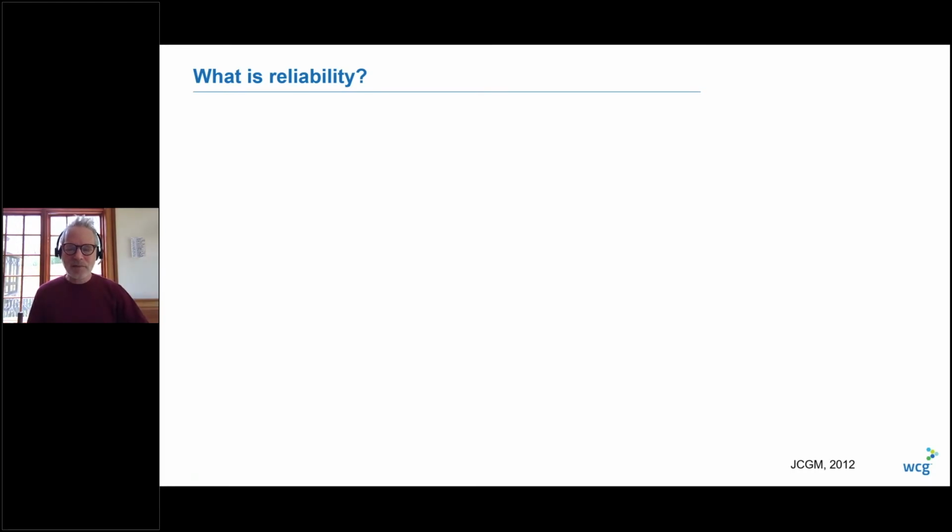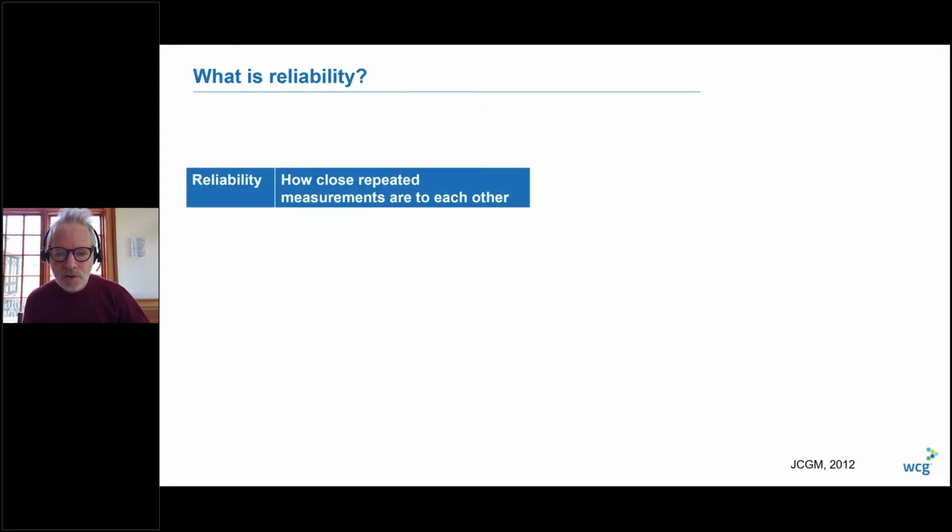Well, if that's the case, it might be a good idea to have some sense of what reliability actually means and how reliability can become problematic and cause clinical trials to fail. So even though the definition of reliability is not anywhere in these guidance documents that we're following, it's everywhere else.